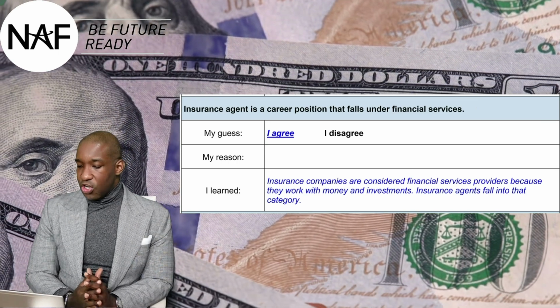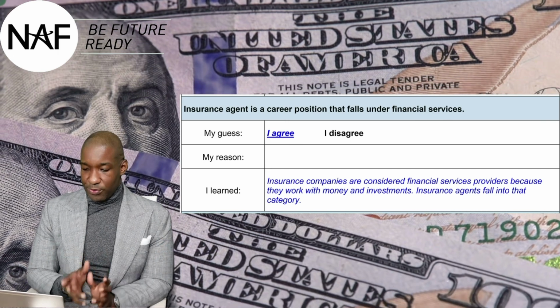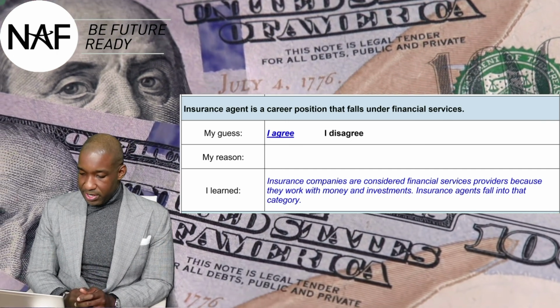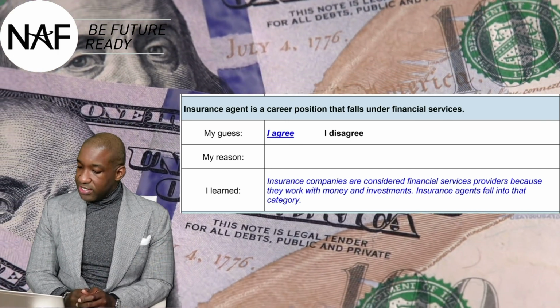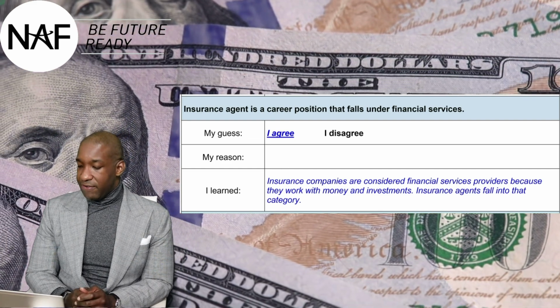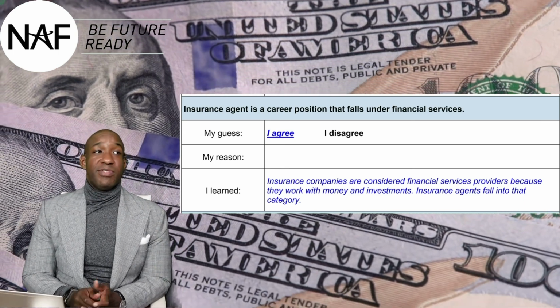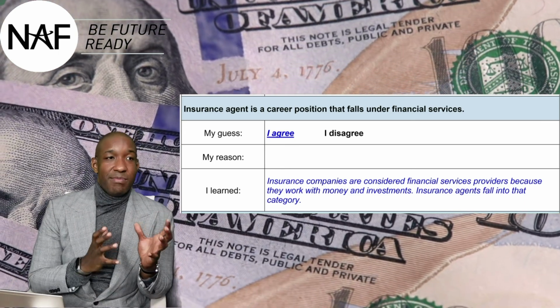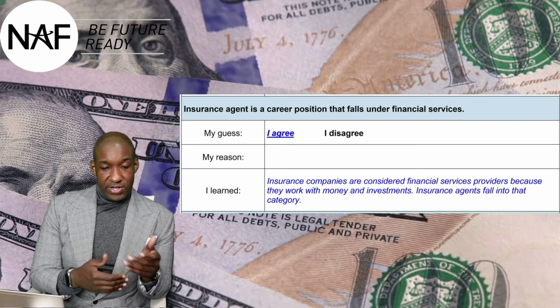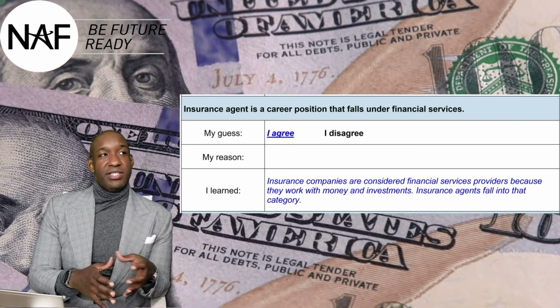Insurance agent is a career position that falls under financial services. So if you agreed, you are correct. And insurance companies are considered financial services providers because they work with money and investments. Insurance agents fall into that category. Remember, really what they're dealing with is the money and the odds of whatever they're insuring happening or not happening. But it is money.